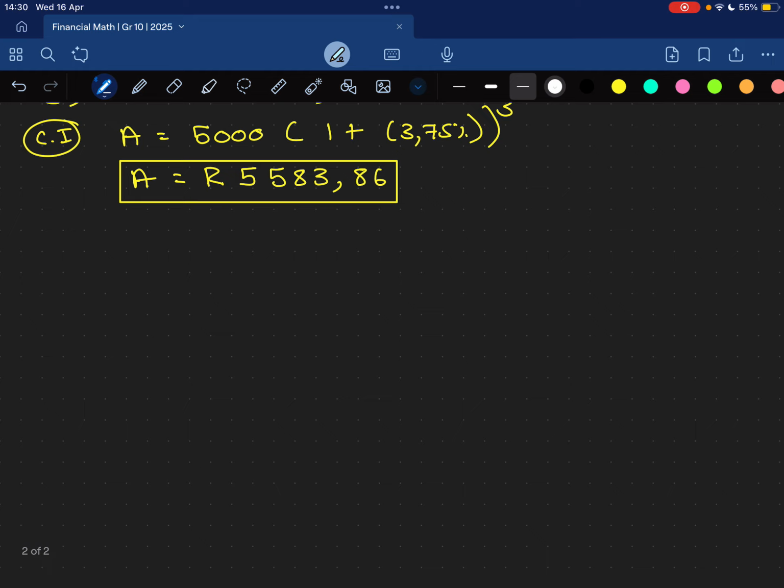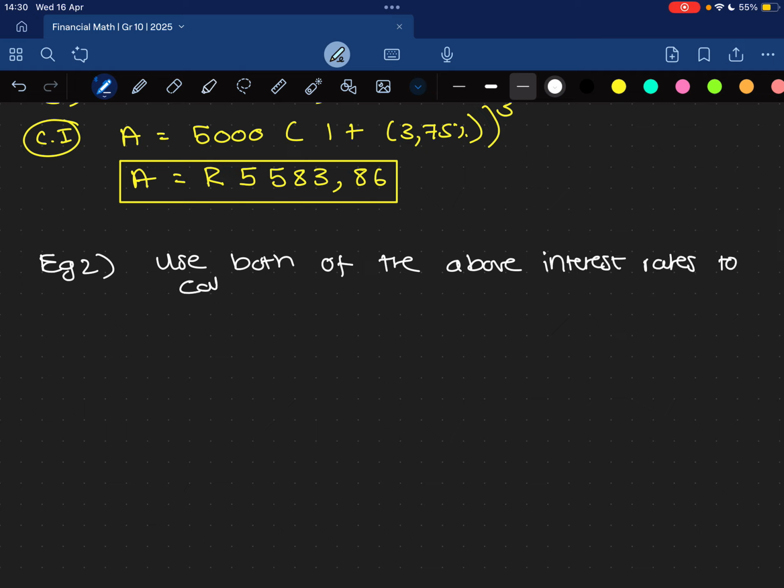Example 2 will be to use both of the above interest rates to calculate the total interest received in each question.